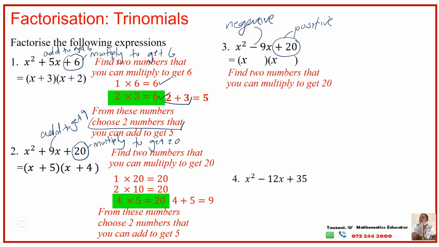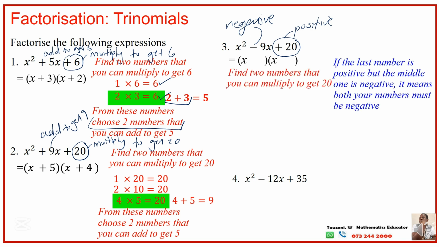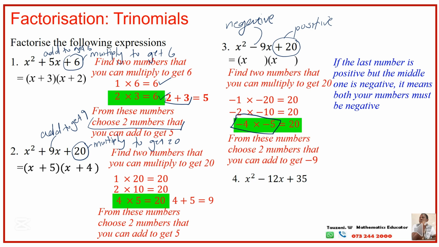So the process is the same. We need two numbers that we can multiply to get 20. But in this case, the middle one is a negative number, which means both our numbers must be negative. So the factors for this expression are going to be -5 and -4. Those are the two numbers that we put in brackets to complete our factorization.